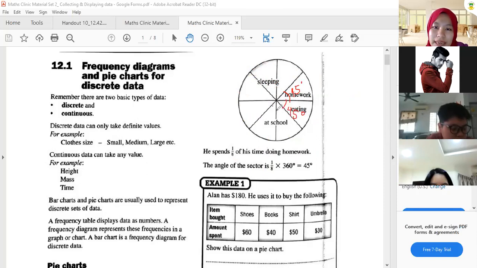Here, 90 degrees, because 45 plus 45. And the remaining here, 180 degrees. Clear? So if 180 degrees is half of the circle, we know that he spent most of his time sleeping, 12 hours.